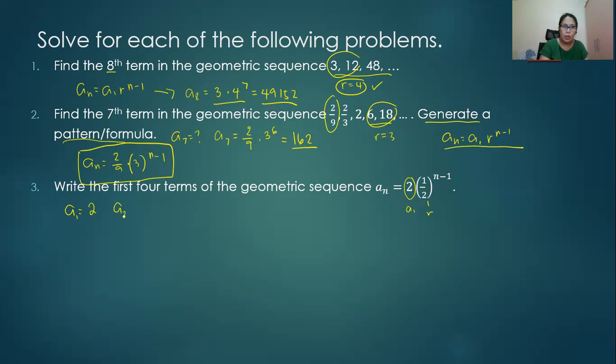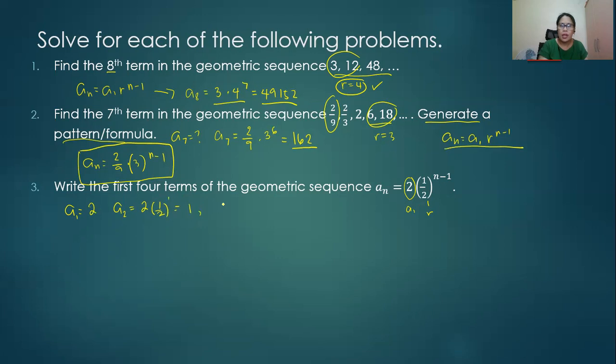And then a sub 2 is equal to 2 times the common ratio 1/2. Because this is n minus 1, and this is 2 minus 1, the exponent will be to the first. And 2 times 1/2 equals 1.